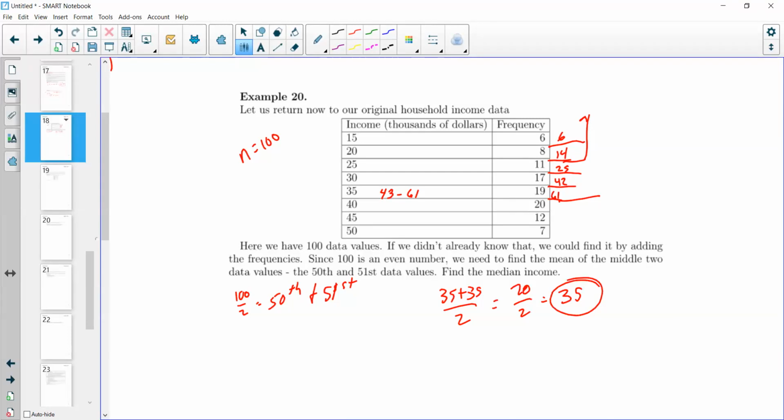Any questions on the median using a frequency table? Everybody good?